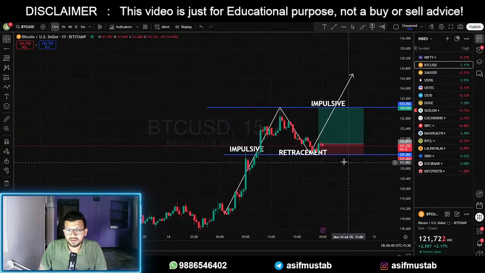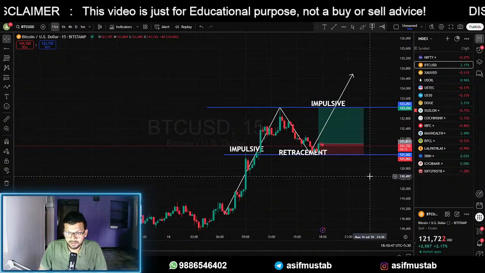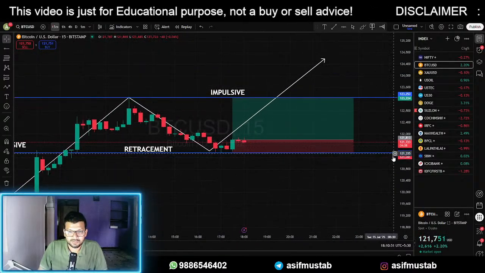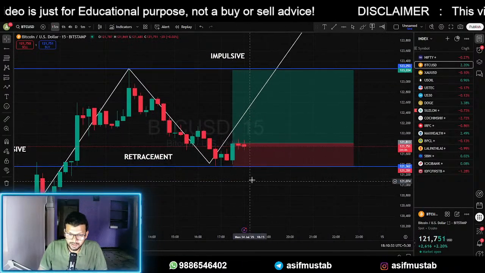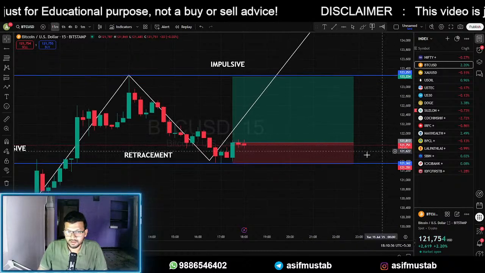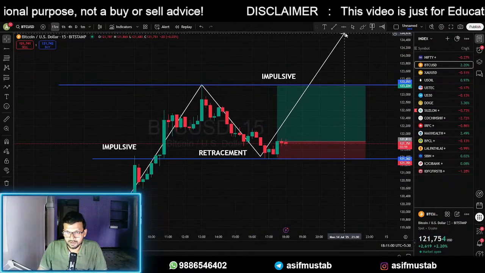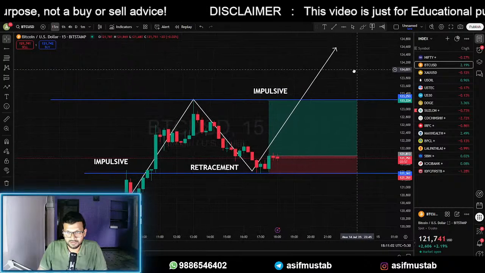And not necessarily will whatever I say be sure, okay? Or the SL may hit, then it might go upside, okay? But we have to take small risks to get good rewards. Profit and losses are part of the trade.